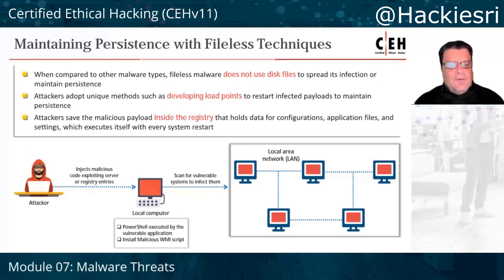As we see in the lower left again, we have the attacker. They inject the malicious code exploiting server or registry entries in the local computer. This, in fact, includes PowerShell executions by the vulnerable application and installation of the malicious script. This triggers scans for vulnerable systems to infect them, and now the local area network as a whole becomes vulnerable.